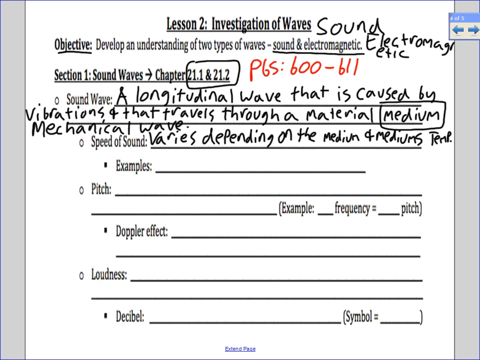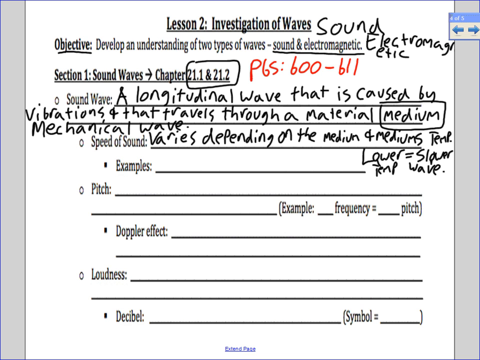And the thing you've got to remember here is lower equals slower. And the lower is referring to the temperature, and the slower is referring to the wave. Okay? So the lower the temperature, the slower the wave.